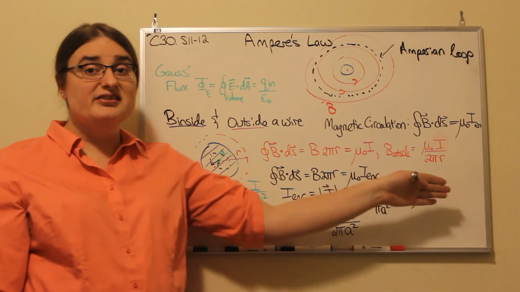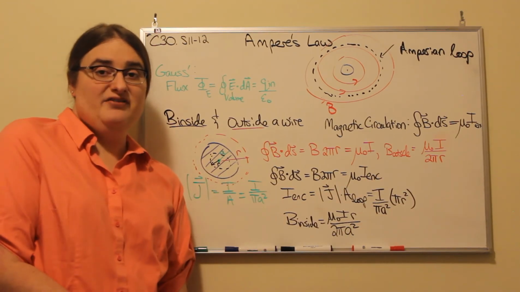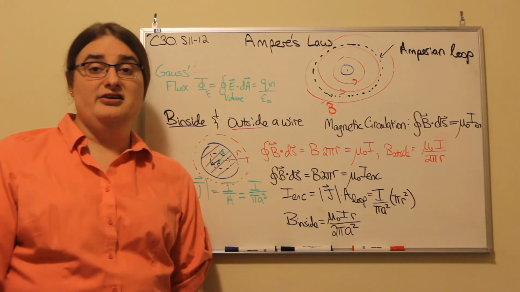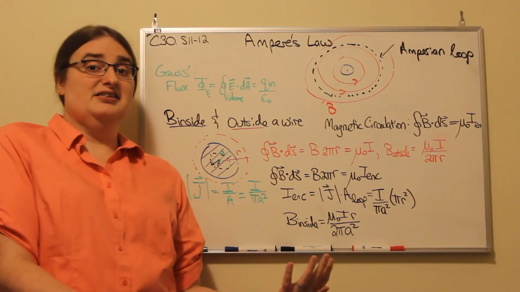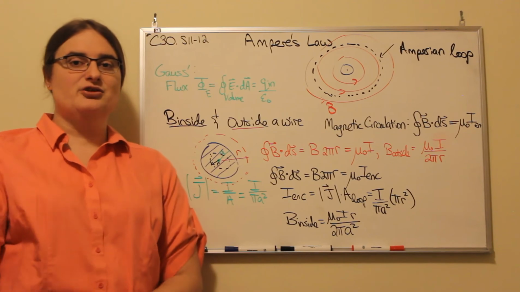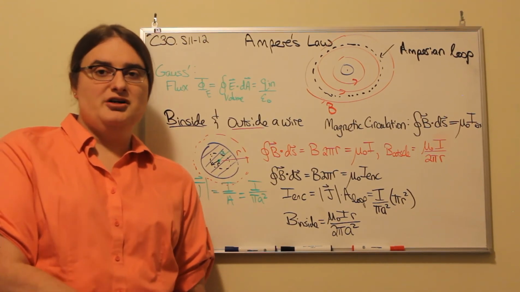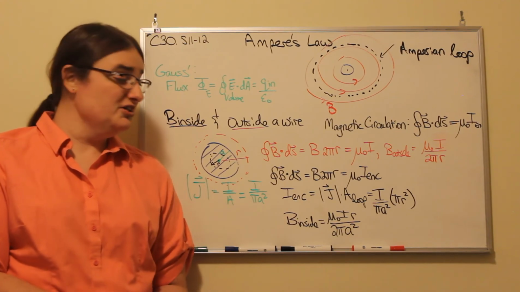It increases linearly. Just like with gravity, the gravity inside an object of mass increases linearly if it's a uniform object. Inside a charge, the electric field increases linearly as we go through that charge that has a uniform charge density.